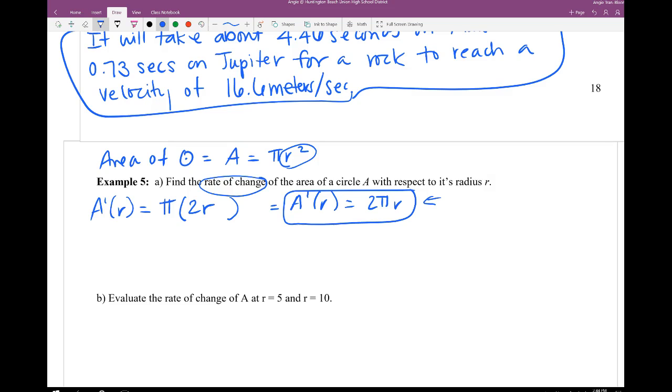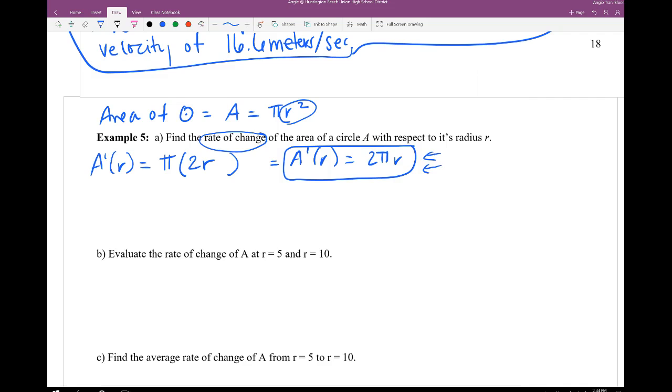What is this a formula of? Isn't that a formula of the circumference? Crazy, right? All right. So the rate of change of the area of the circle is the circumference. Oh my. Okay.